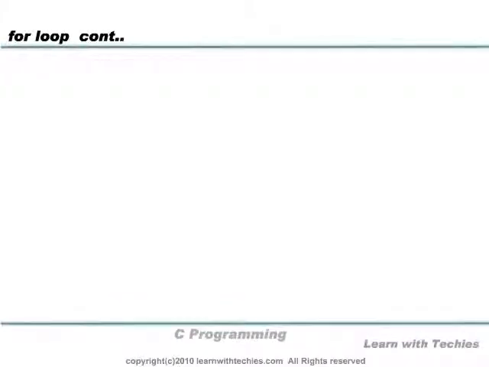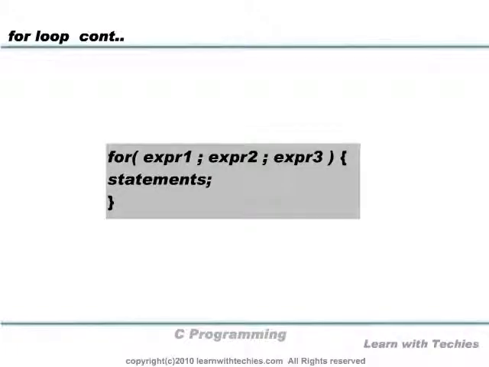Let's look at the for loop in more detail. In this slide, we would examine how the control flows through various components of the for loop. When the execution of the loop begins, it first executes expression 1. After the execution of expression 1, before entering the for loop body, the condition given in expression 2 is verified.